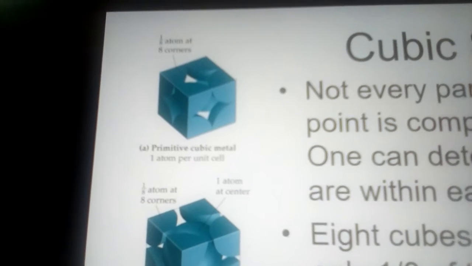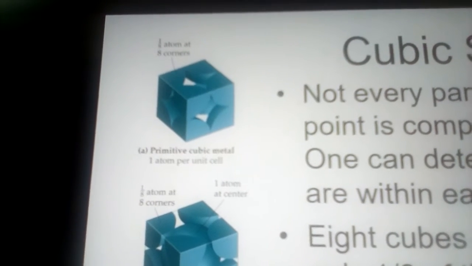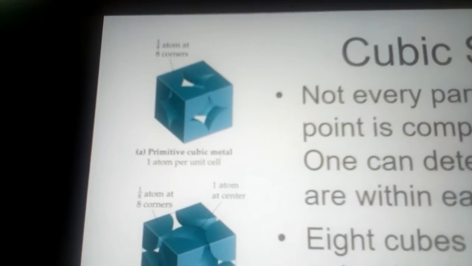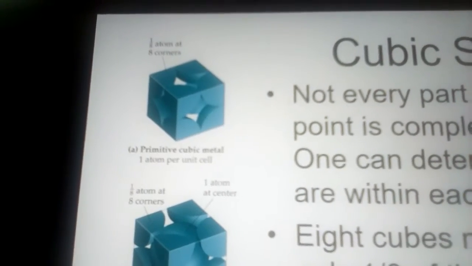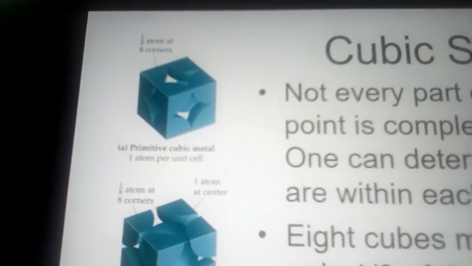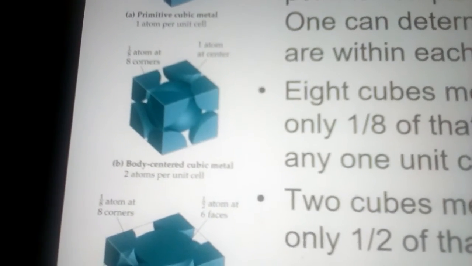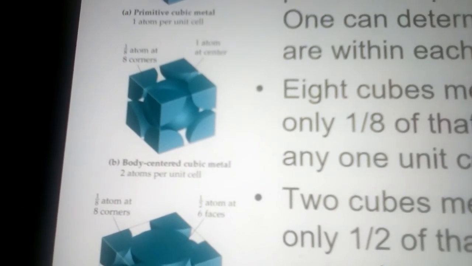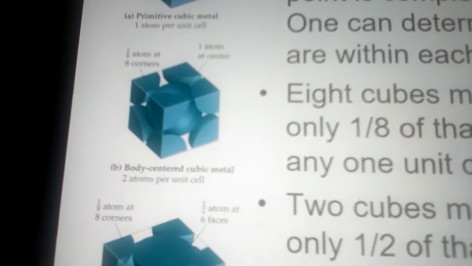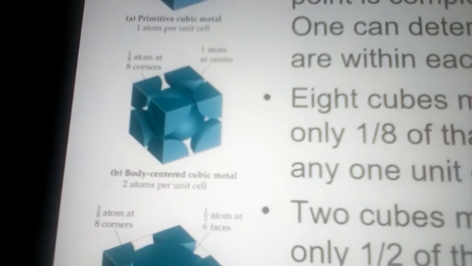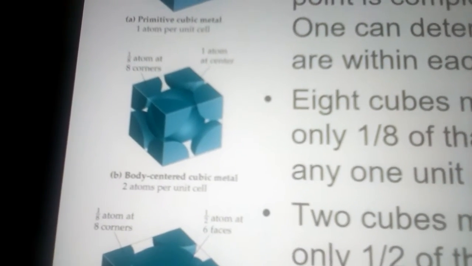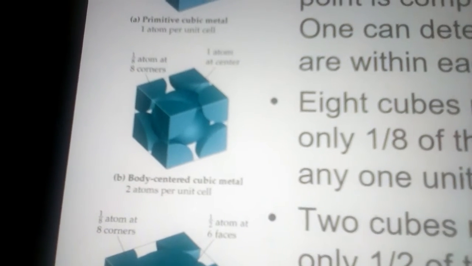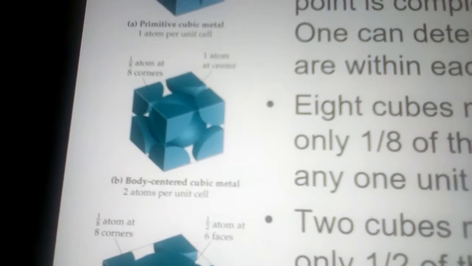And that atom's actually going to be cut into pieces, right? And one of the things we're going to want to do is count how much of that atom actually resides in the unit cell. Now, in the body-centered cubic, we still have those atoms on the corners, so you can see those 1/8 of an atom around each corner of that cube. But that body-centered atom, you can see the entire sphere there in the picture. That is completely inside our unit cell.